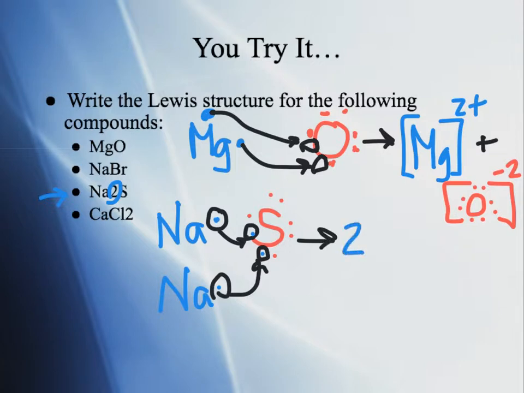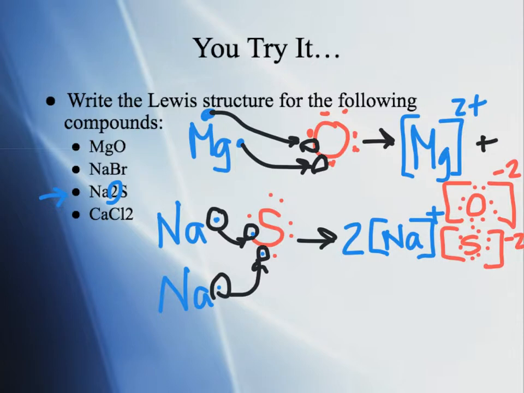We're going to have 2 sodium ions, with the positive charge, and we'll have a sulfur with its 8 valence electrons, and it's got a -2 charge. All right, so that's how we're going to represent valence electrons in Lewis dot structures for ionic compounds.